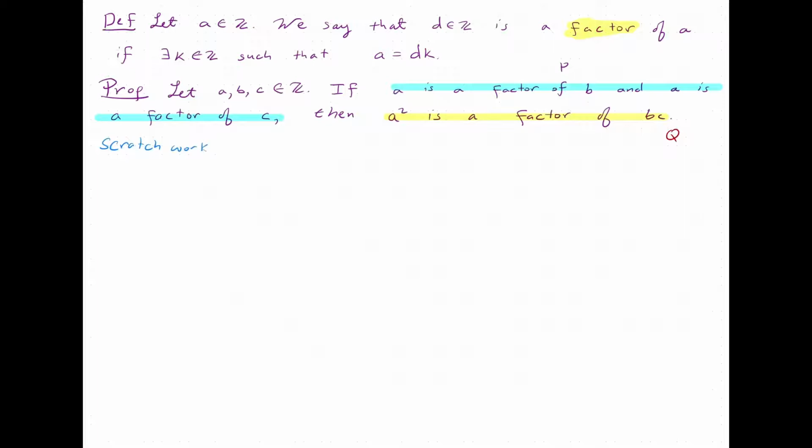So what are we given? What are our assumptions? We know a is a factor of b.